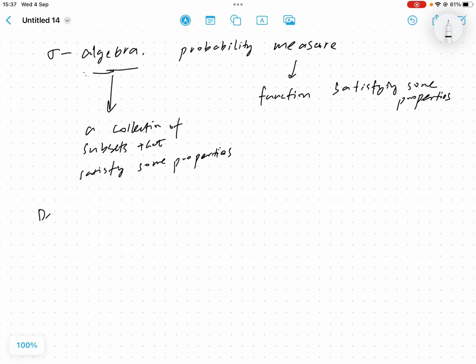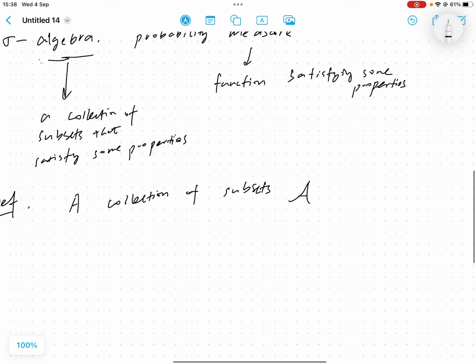So the definition of sigma algebra: a collection of subsets, this curly A, which is pretty different from the standard A, is a subset of the power set, which is like a curly P, not the standard P, the power set of some omega.